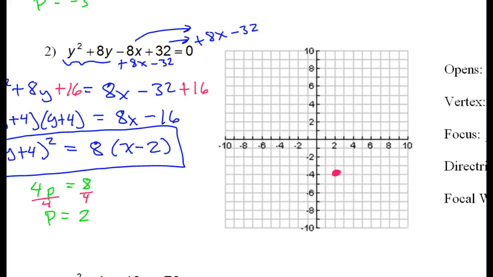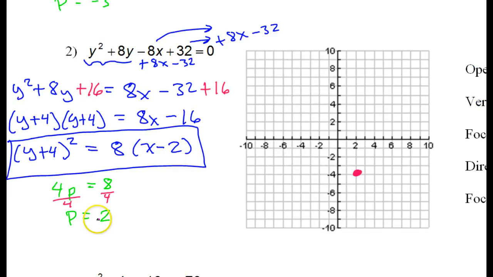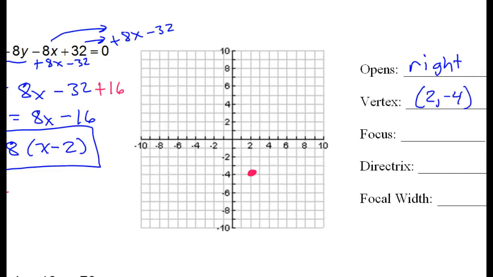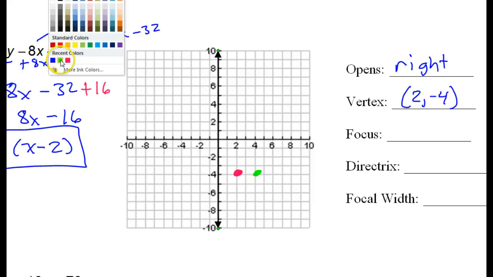Now that tells me where the focus goes. We already know it's going to go to the right. But now we know, because of the P, we know it will be to the right 2. Starting from the vertex. So we go to the right 2, and there's the focus. Now if we go to the left 2, there's the directrix. Now the left 2 puts us right on the y-axis, which is just fine with me.